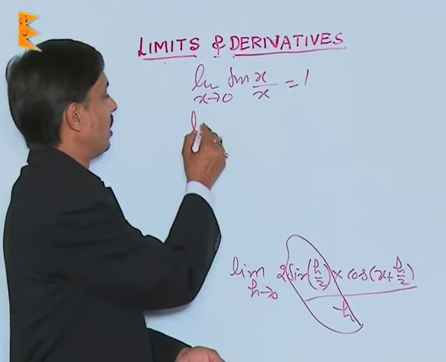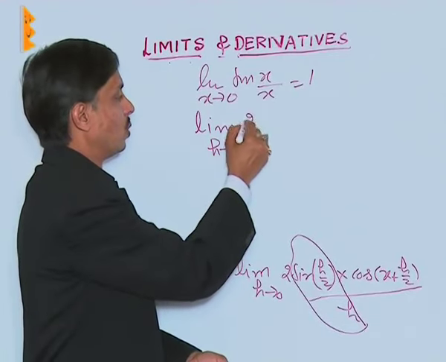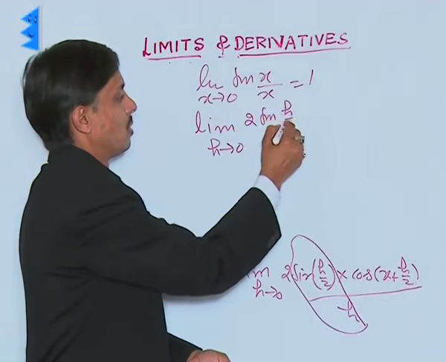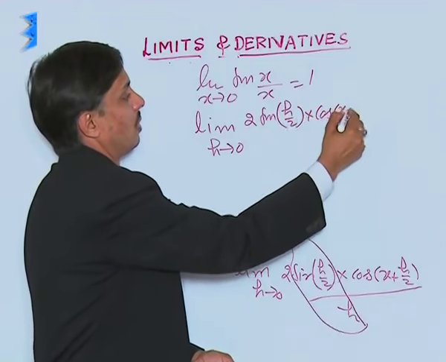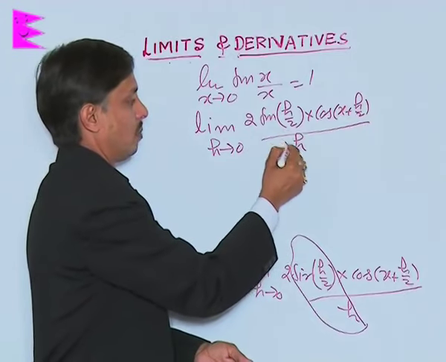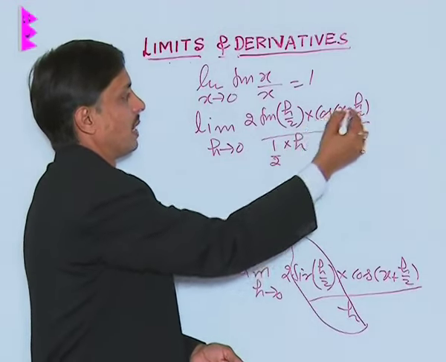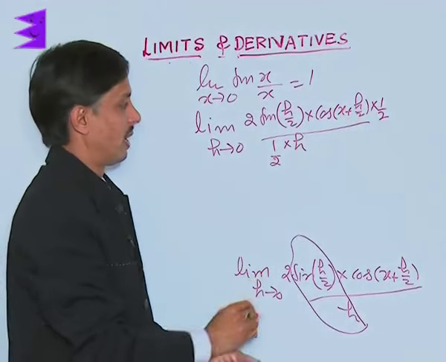So we will write it as limit h tending to 0 of sin(h/2) into cos(x + h/2) upon h. Multiply by half, that is denominator by half and numerator by half.